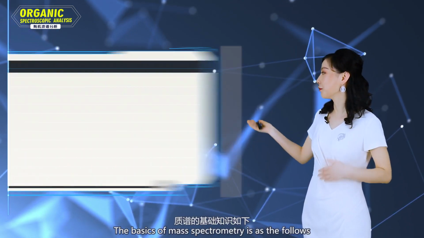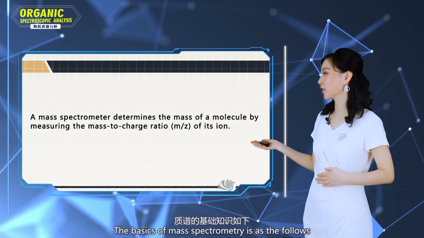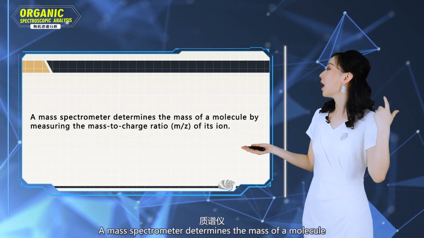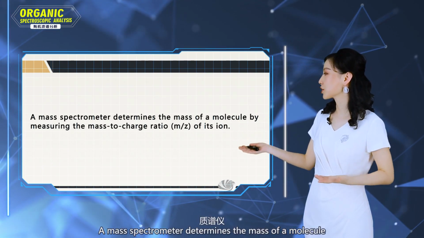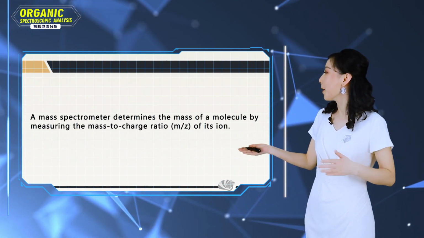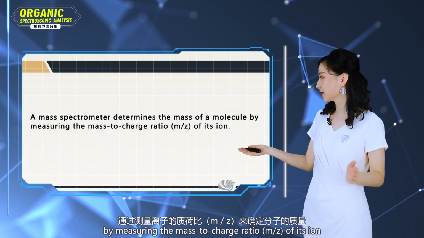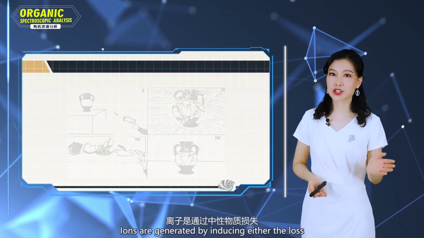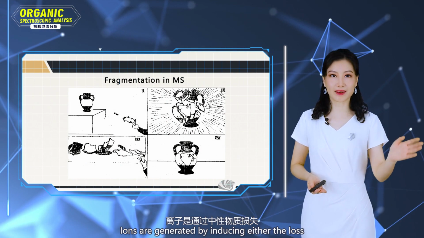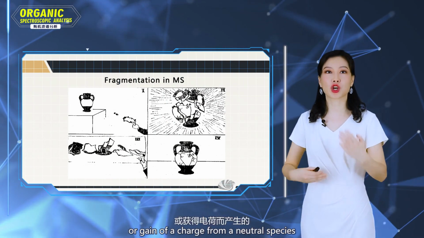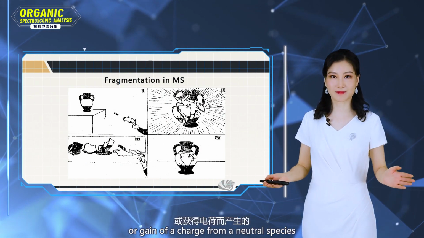The basis of mass spectrometry is as follows. A mass spectrometer determines the mass of a molecule by measuring the mass-to-charge ratio of its ion. Ions are generated by inducing either the loss or gain of a charge from a neutral species.